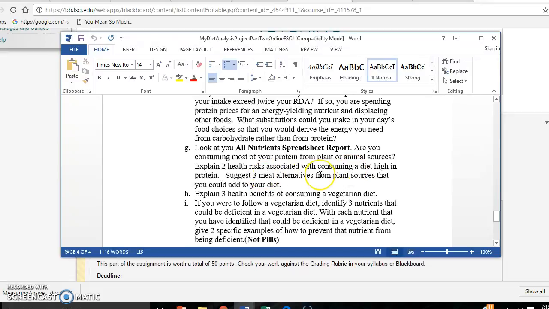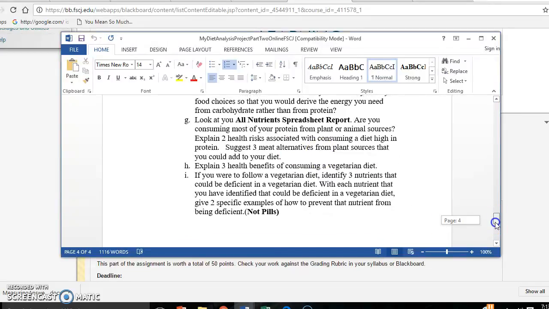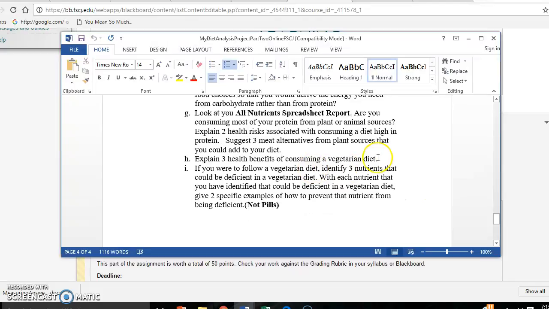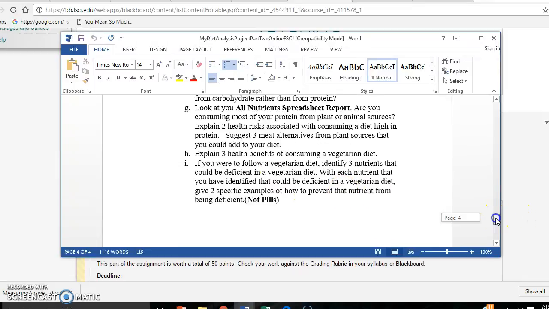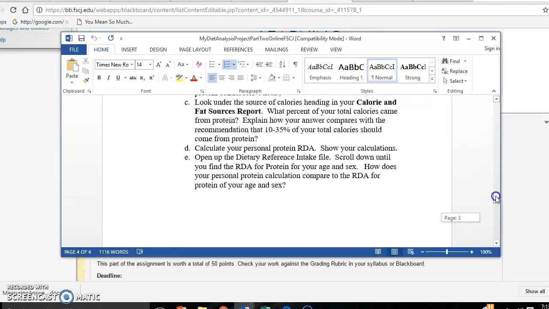Explain 2 health risks associated with consuming a diet high in protein. That's going to be from chapter 6. Suggest 3 meat alternatives from plant sources. Again, chapter 6. 3 health benefits of consuming a vegetarian diet. Chapter 6. The same thing with letter I. Those are from chapter 6.